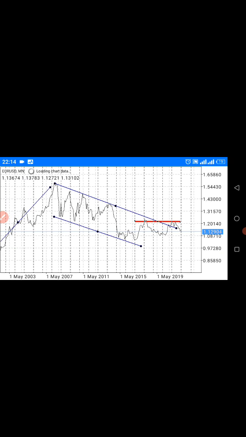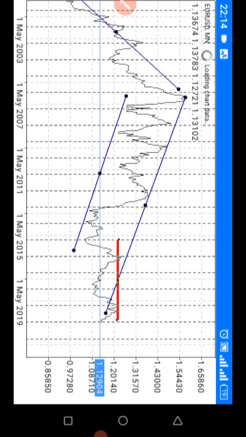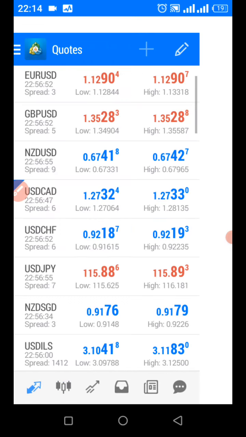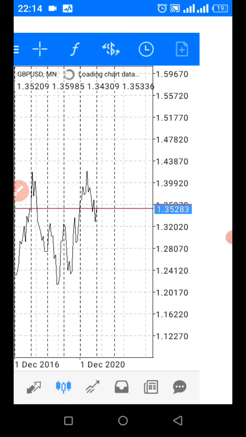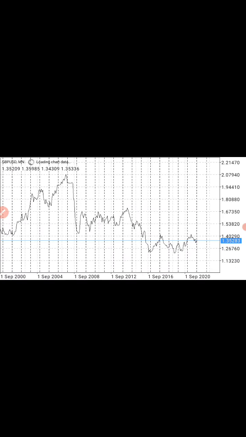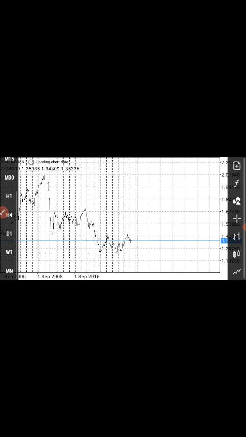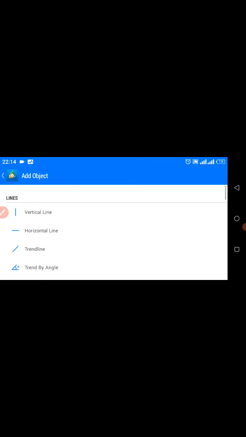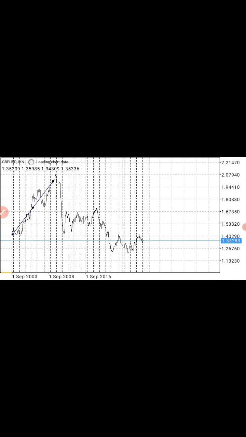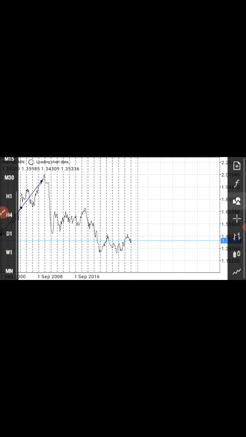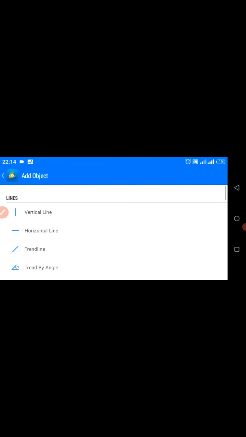So let's check another pair for this double top and double touch. Let's look at Euro US dollar. The first thing I will do here is first identify the phase that we are in. We have impulsive movements.